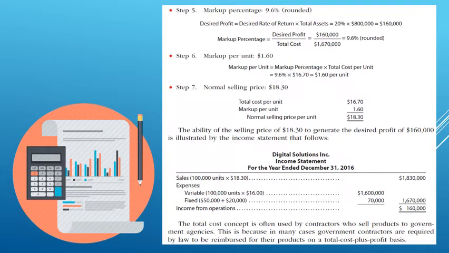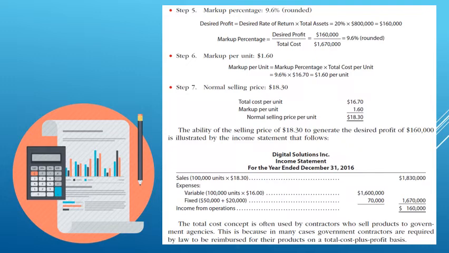So we came up with $160,000. So the markup percentage is dividing $160,000 to the total cost, which is $1,670,000. So we came up with 9.6%.